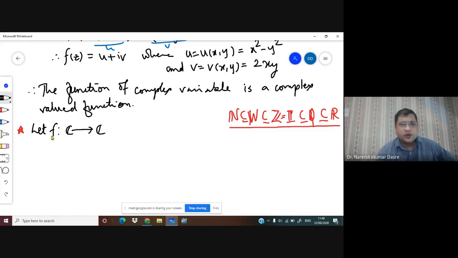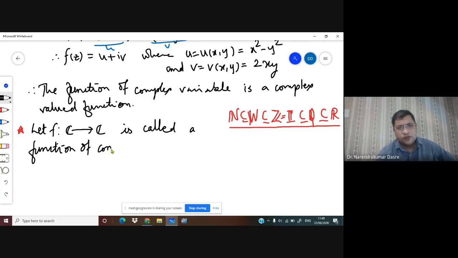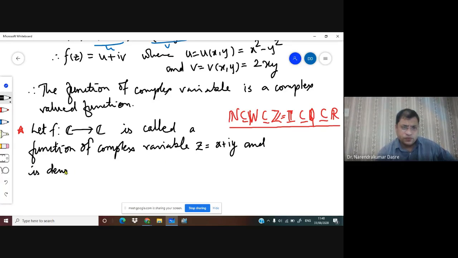This function from C to C is called a function of complex variable z, which is equal to x plus iy, and is noted as f of z.